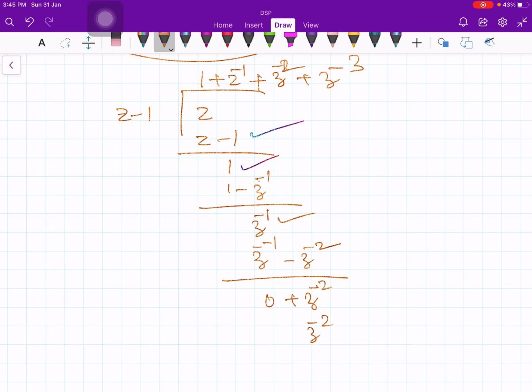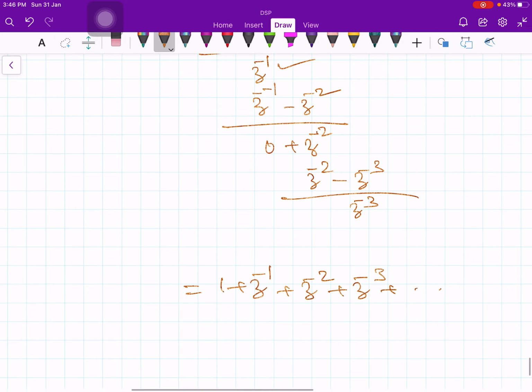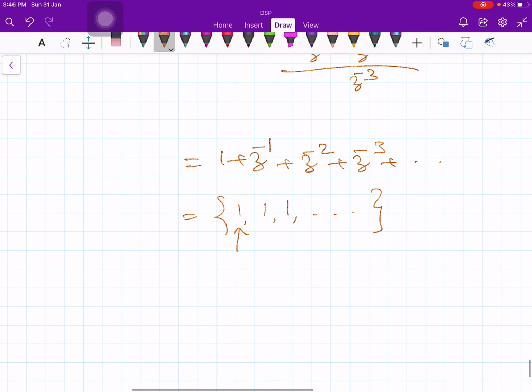Therefore the sequence will be 1 plus Z inverse plus Z to the minus 2 plus Z to the minus 3 plus and so on and so forth. So obviously the answer would be 1, 1, 1, dot dot dot. The zero sample is located here. Therefore what is this? This is u of n.